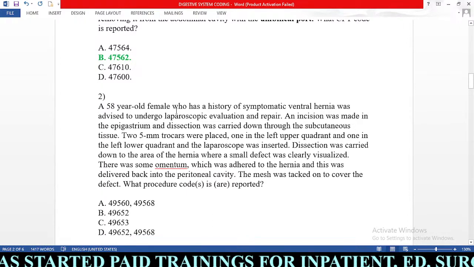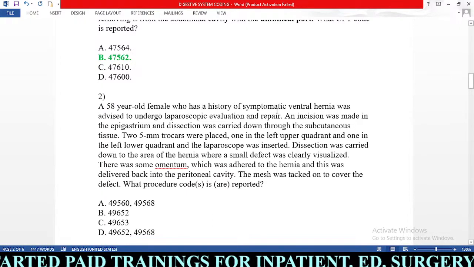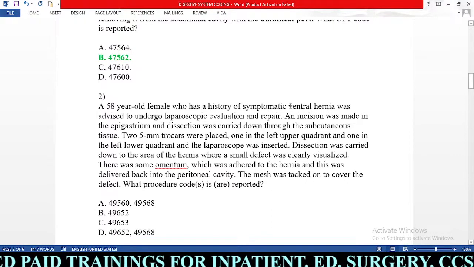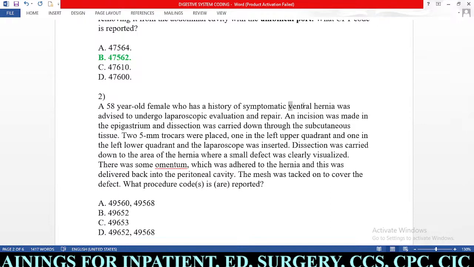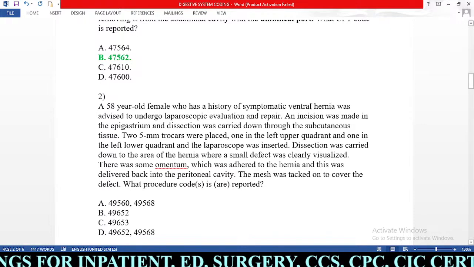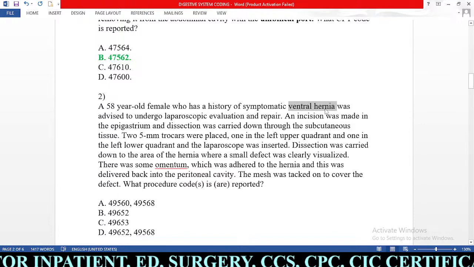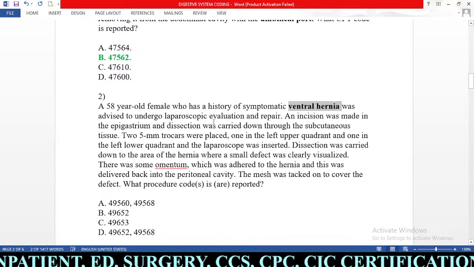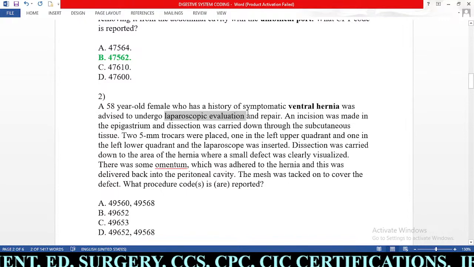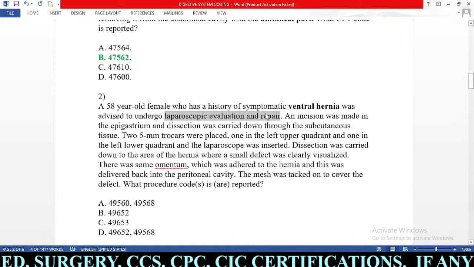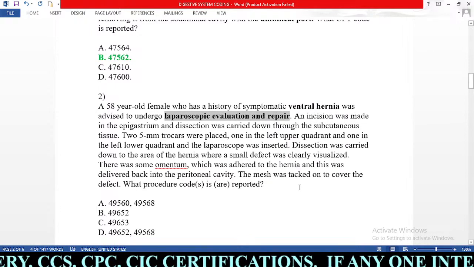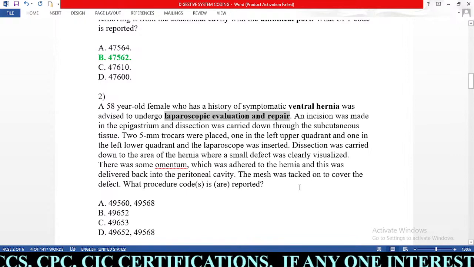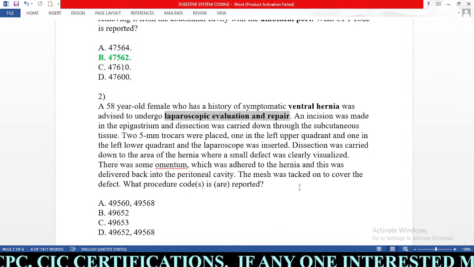A 58-year-old female who has a history of symptomatic ventral hernia. The patient has a ventral hernia and was advised to undergo laparoscopic evaluation and repair. Basically, hernia repair comes under herniorrhaphy; all the codes are the same.